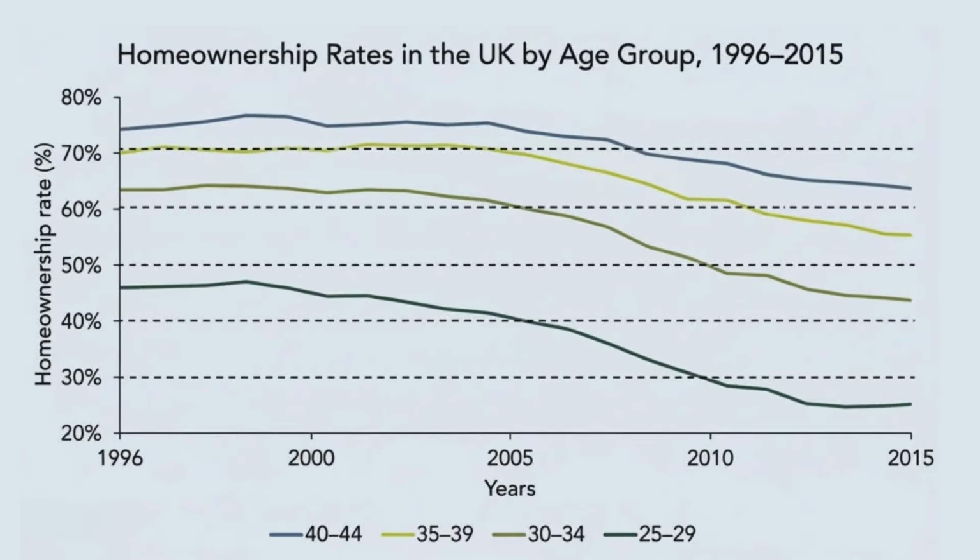This graph shows the percentage of people who owned homes across four age groups: 25 to 29, 30 to 34, 35 to 39, and 40 to 44, between 1996 and 2015. This kind of multi-line graph is extremely common in IELTS Writing Task 1 because it tests your ability to handle multiple categories and a long time series.